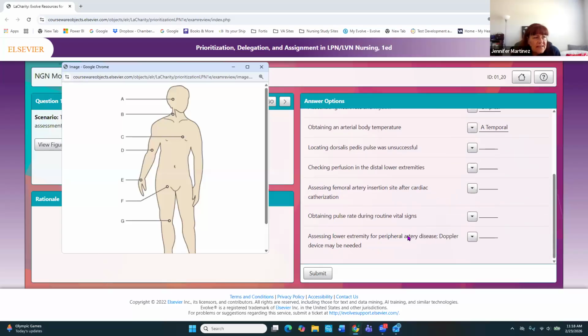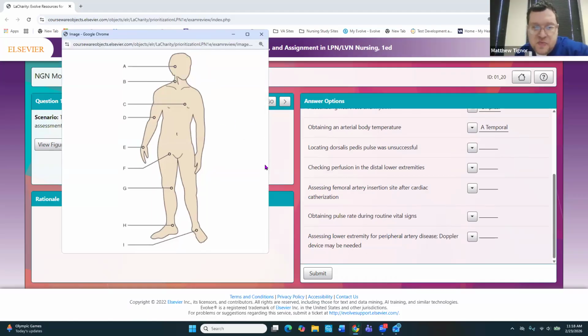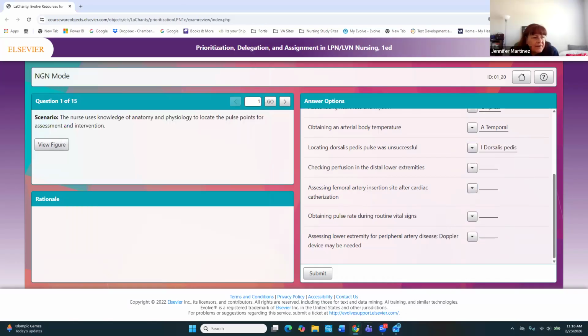Locating dorsalis pedis pulse was unsuccessful. I. All right, we got an H and an I. We need a tiebreaker. Okay, I. All right.